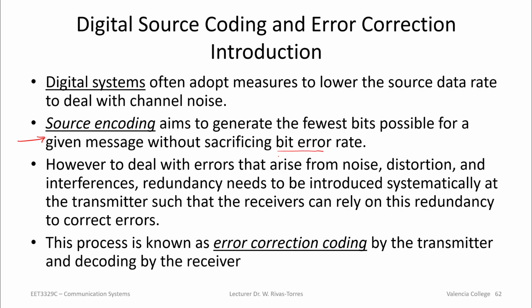However, on the flip side of that, to deal with errors that arise from noise, distortion, and other interference, you need a certain level of redundancy. So, I sent you a bit. That's boring. Now, if you send a group of bits, and they have a certain dependency between them, even if one of them gets there in error, because of that dependency, which is a code, the dependency can actually correct for the bit that was wrong.